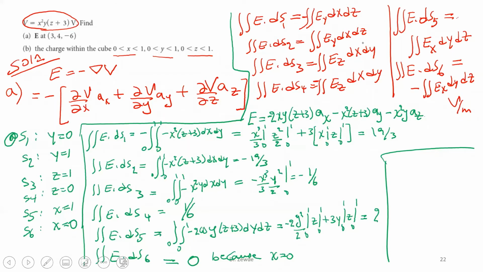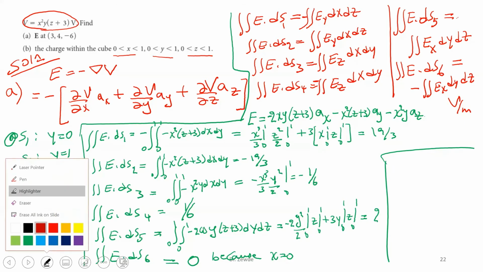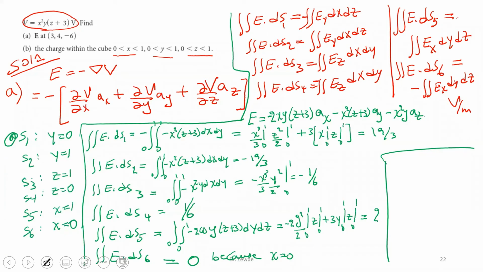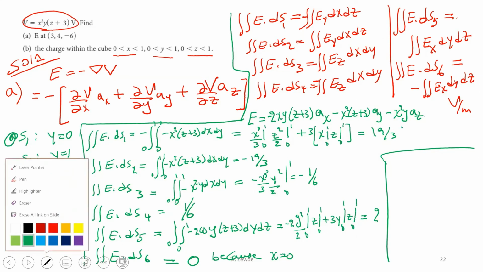Okay, if we substitute the values for EX, EY, EZ and solve, that's what we will get. For S1, we get this. Let me change the color.